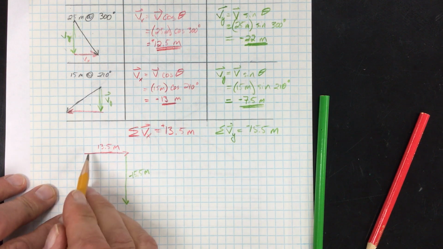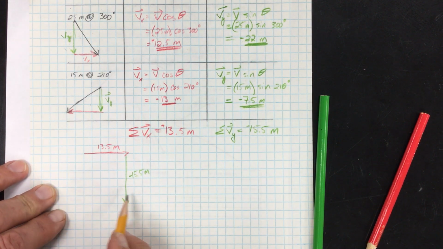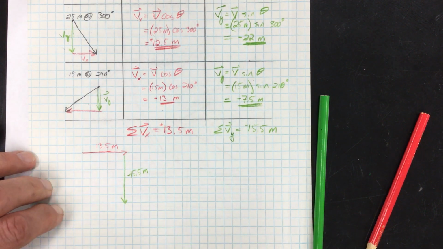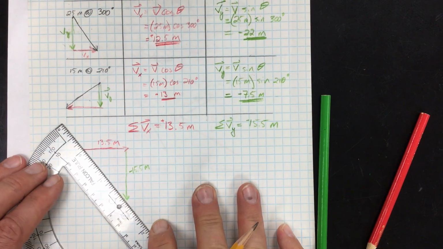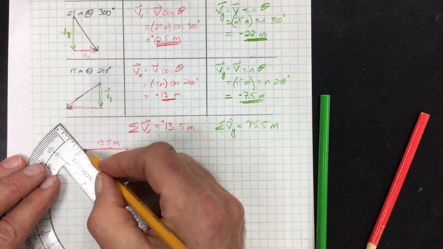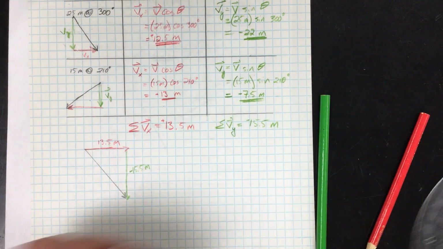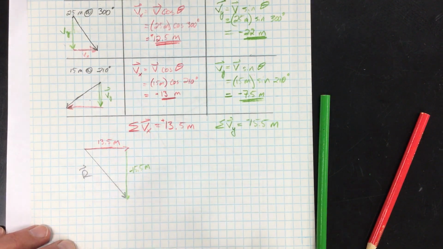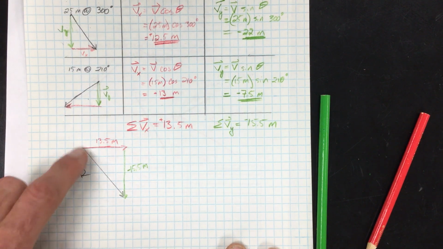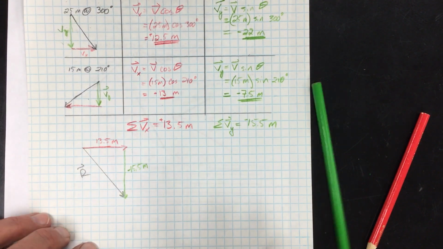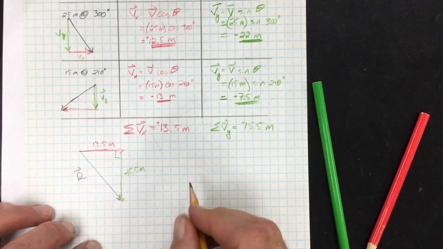And my resultant is going to be drawn from the tip of the first to the tail of the second. Since I'm putting this on video for posterity, I'll make that a nice straight line. So how big is my resultant? Well, I noticed that this makes a nifty little right triangle, so I can use the Pythagorean theorem.